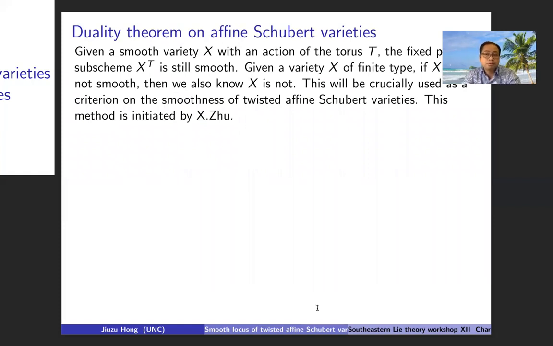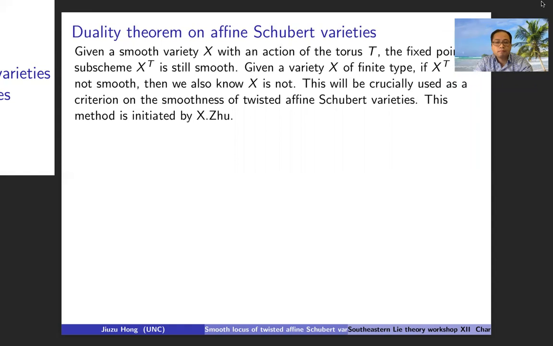And for us, we are going to do something different. Our goal is to determine the smooth locus of twisted affine Schubert varieties. And so this is the main criterion we are going to use. Given a smooth variety X with an action of the torus, the T-fixed point subscheme will still be smooth. If the original variety is smooth with an action of the torus, then the T-fixed point subscheme is still smooth.